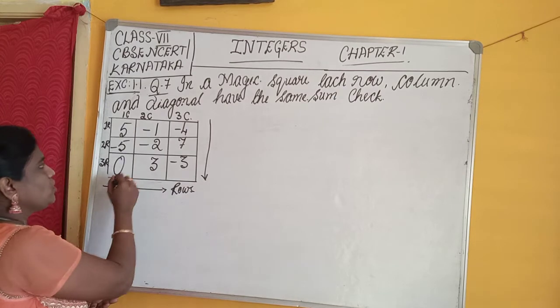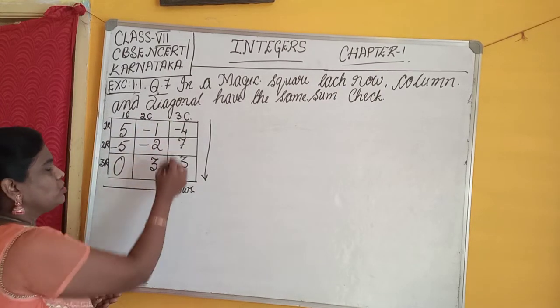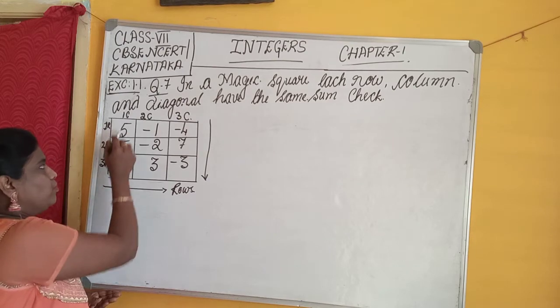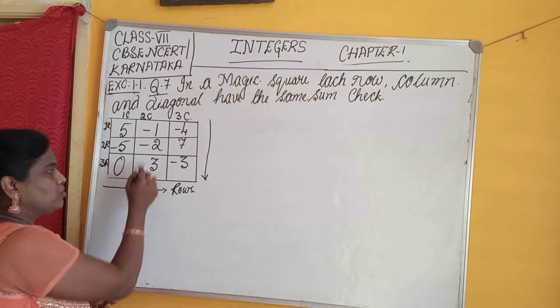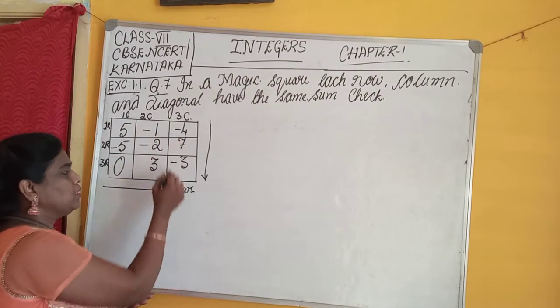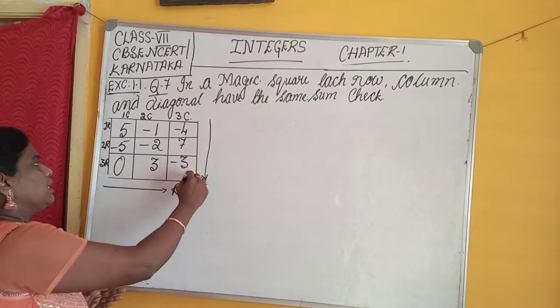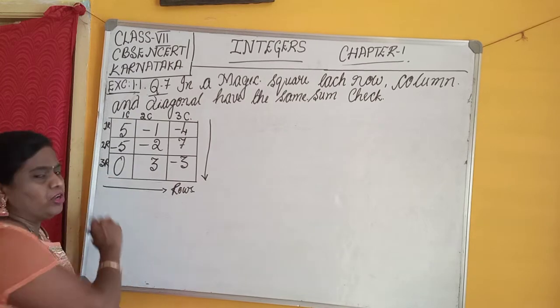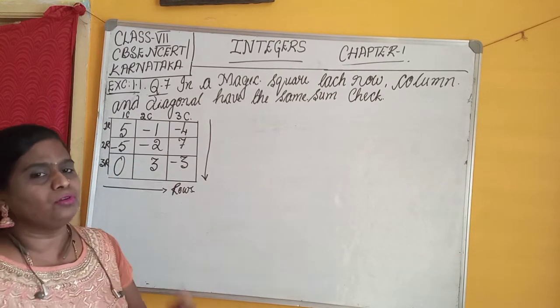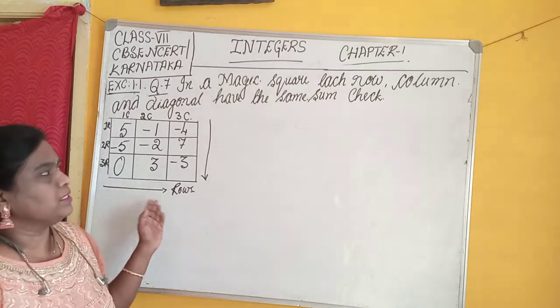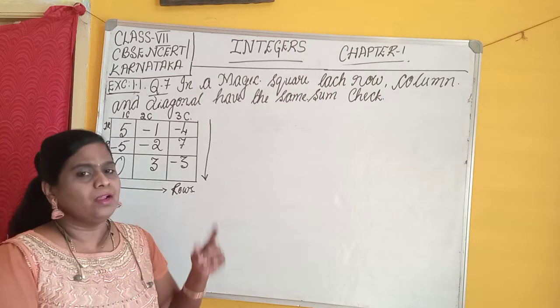This is the first column, second column and third column. We have to add the numbers in each column, and also the first diagonal and the second diagonal. We have to check by adding those numbers whether it has the same sum. Let us check.